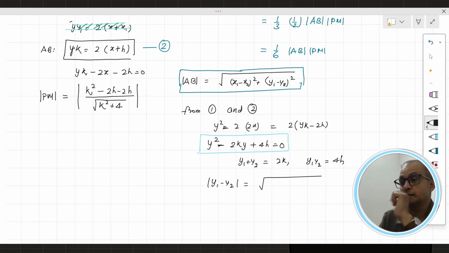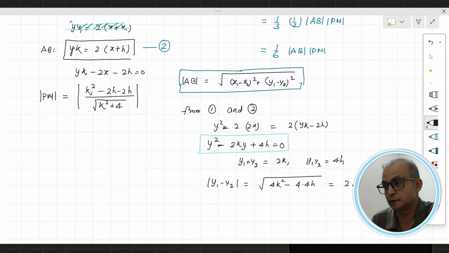Correct. So what we get here is 4k square minus 4 times 4h. So we get here twice of root over k square minus 4h. So that we got y1 minus y2.